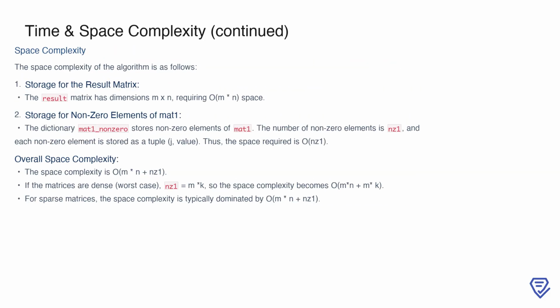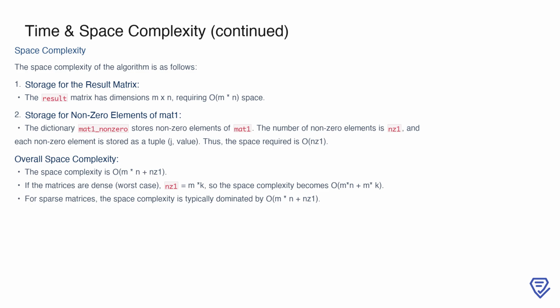Next, let's evaluate the space complexity of the algorithm. The result matrix, with its dimensions of m by n, requires m * n space for storage. In addition, we store the non-zero elements of mat1 in a dictionary called mat1_non_zero. This dictionary holds nz1 entries, where each entry requires space for the column index and the value itself, resulting in nz1 space.